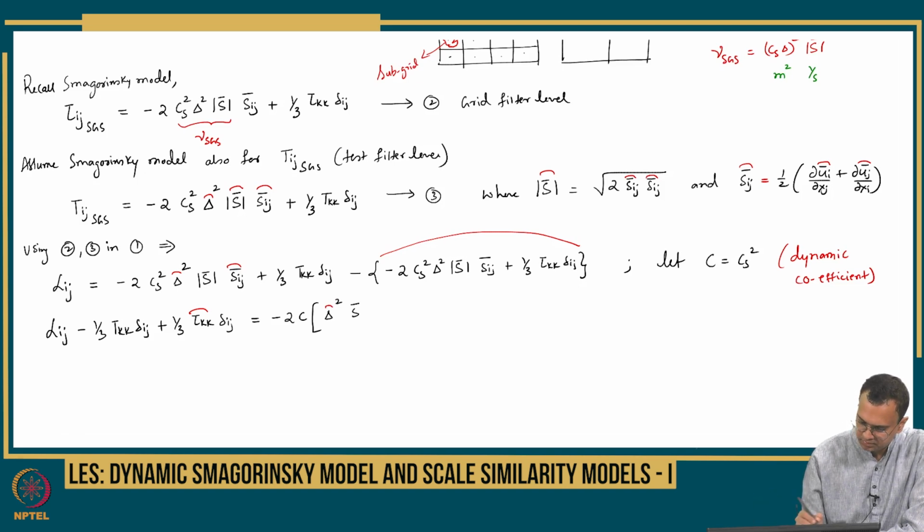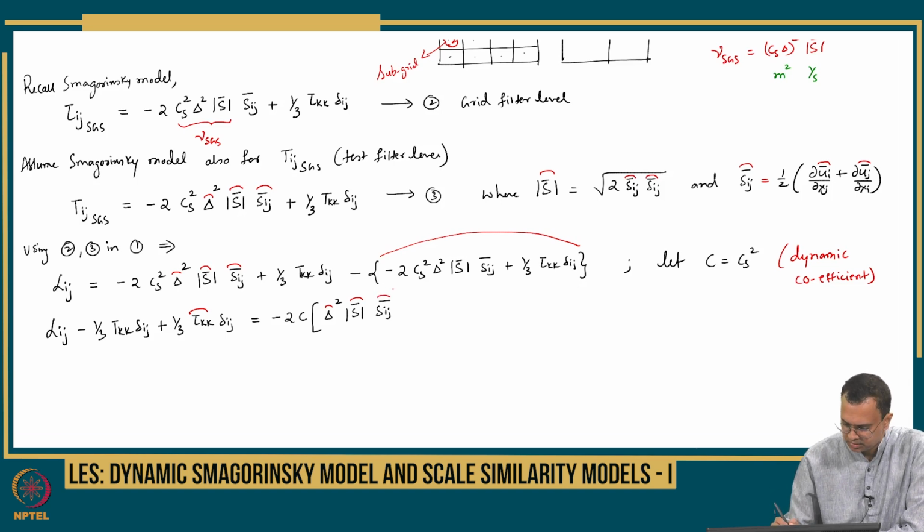Okay, I have missed this one here, and then the remaining term minus 2C of this particular term, and then here this is plus, so if I take it out it becomes minus, so I get minus delta square Sij over bar, and a test filtering operation on this particular thing.